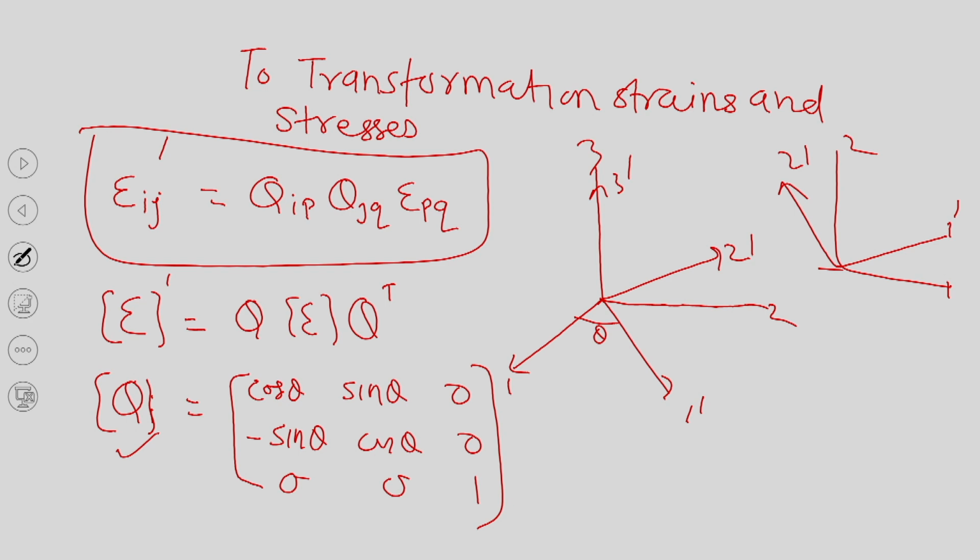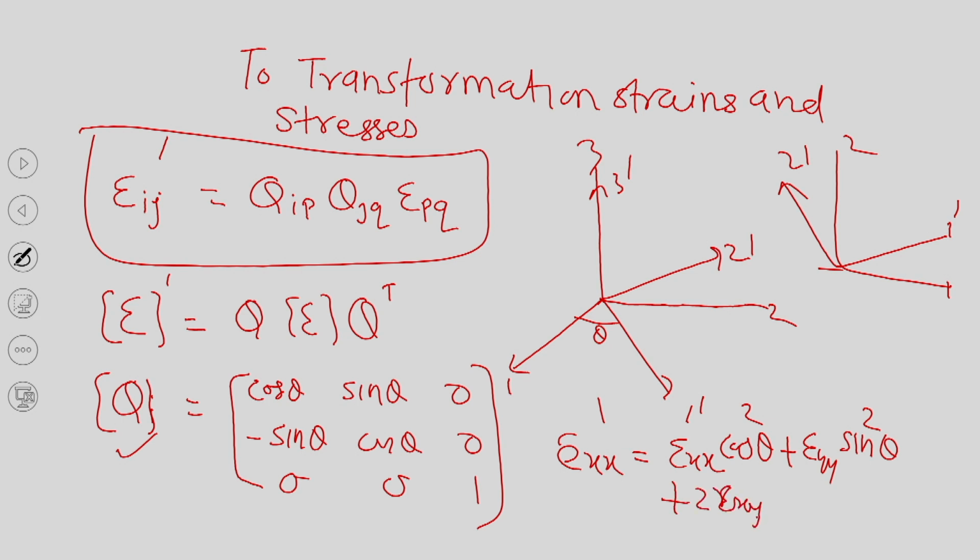So, if I write epsilon x dash, it will be epsilon xx cos square theta plus epsilon yy sin square theta, plus 2 epsilon xy sin theta cos theta. If somebody is interested to find epsilon xx dash, one can find it like this. Similarly epsilon yy.